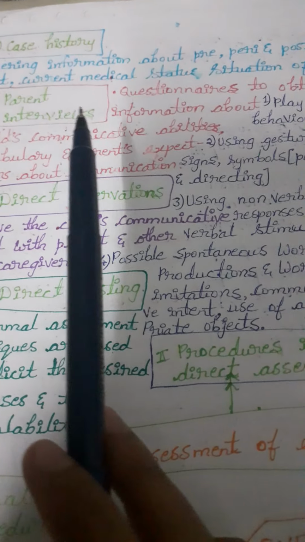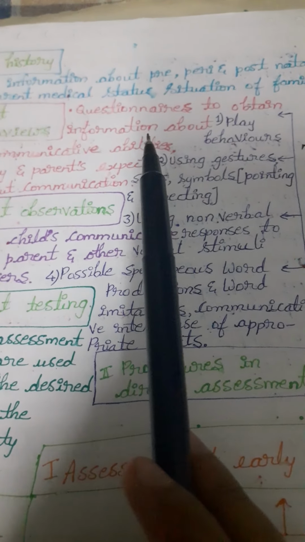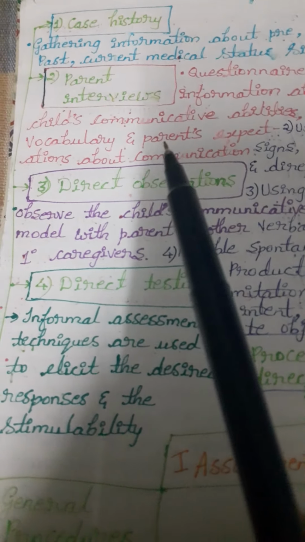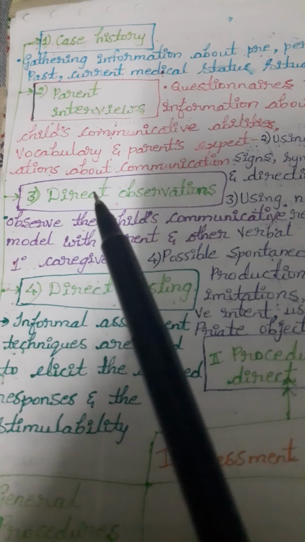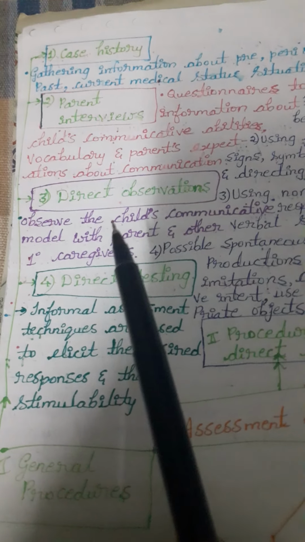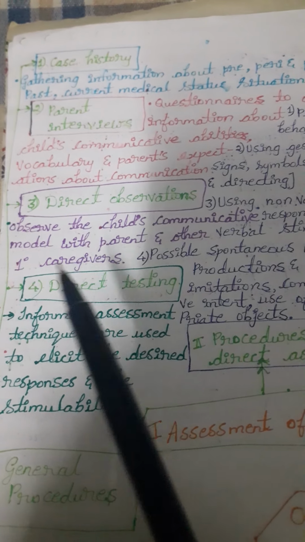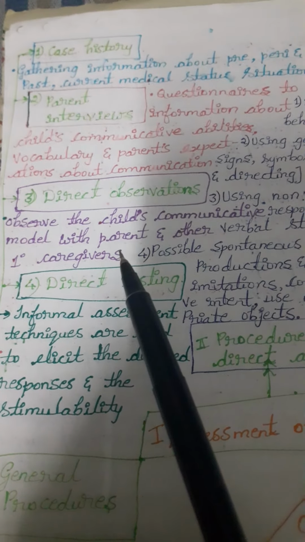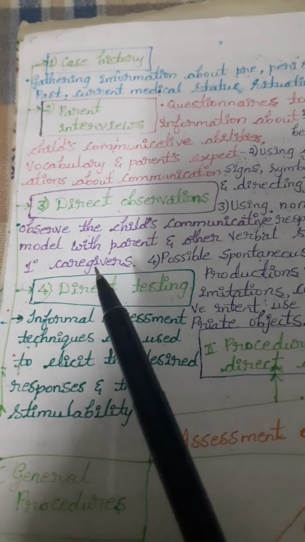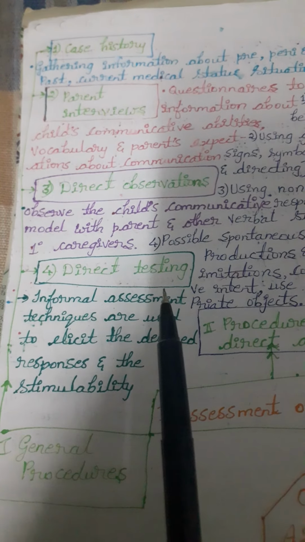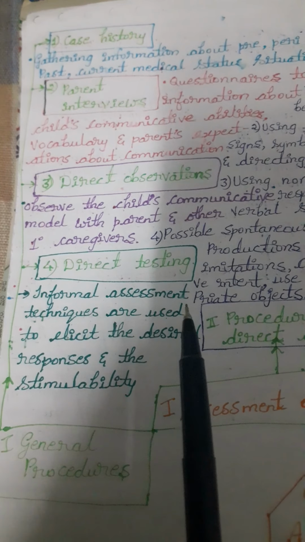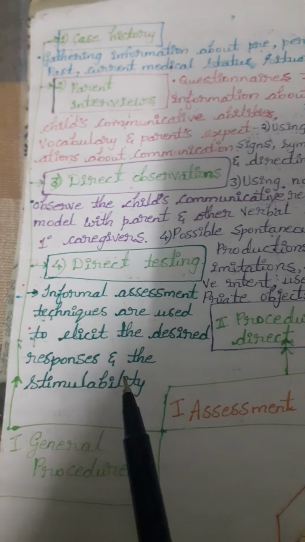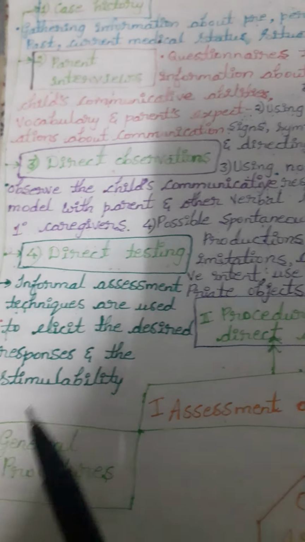Parent interviews are questionnaires to obtain information about the child's communicative abilities, vocabulary of parents, and expectations about communication. Direct observations are where the clinicians observe the child's communicative model with parents and other primary caregivers directly. Direct testing involves informal assessment techniques which are used to elicit the desired responses and stimulability.